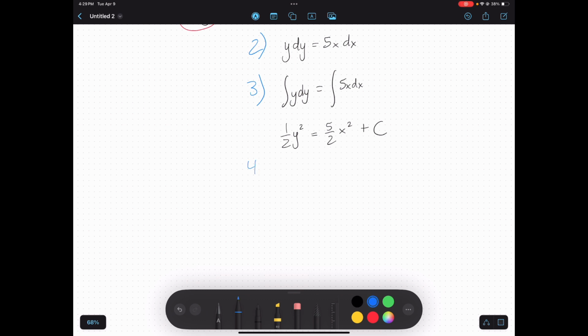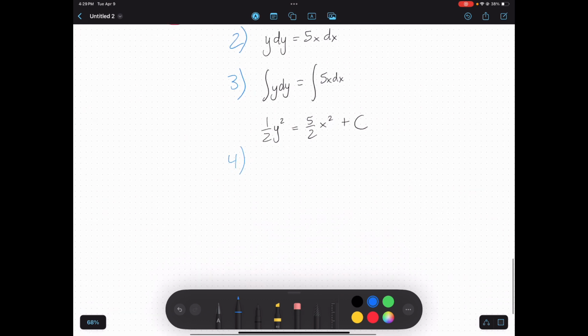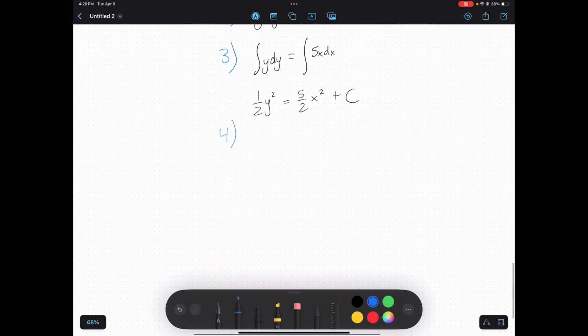This is where, step number 4, if you had an initial value, you would plug in both your x and y value in order to solve for c. With these problems, please be aware, you will always be given both the x and the y value. It's not like you'll only be given the x and you'll have to solve for the y value. You'll always be given both. In number 21, you don't actually have one, so I'm just going to move on.